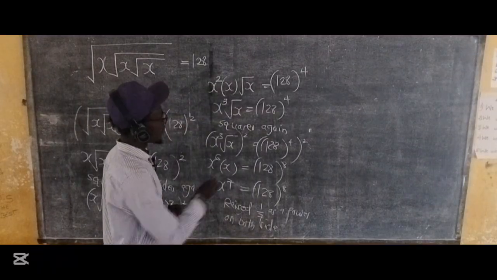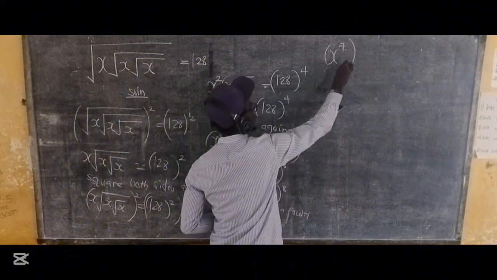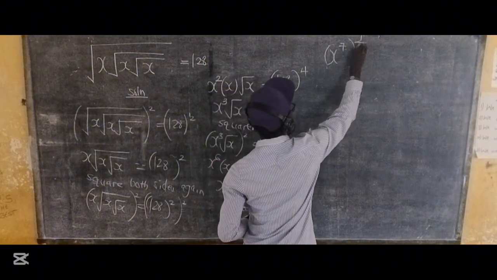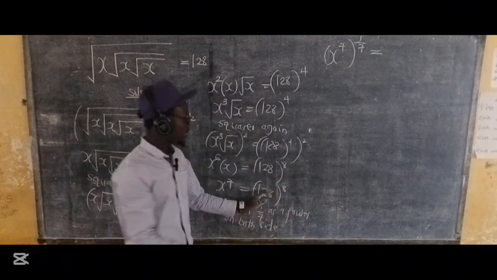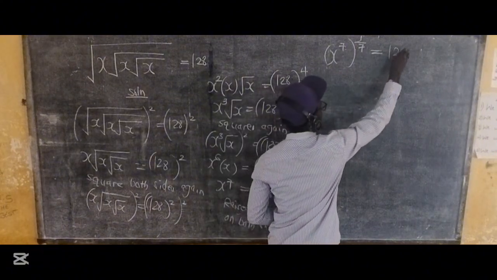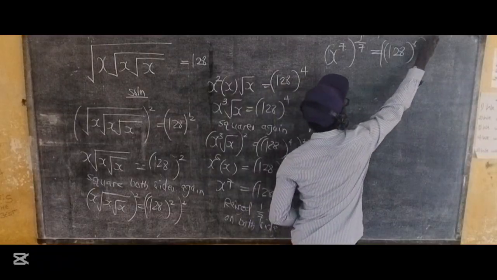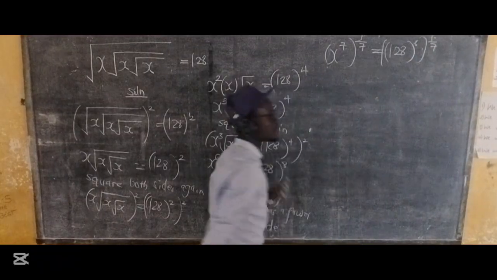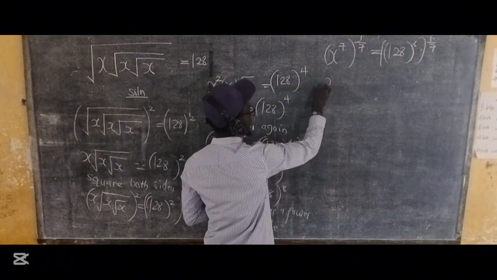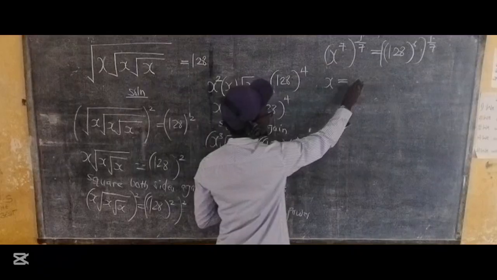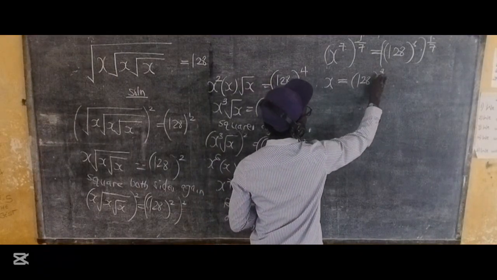Meaning we have x raised to the power 7, now raised to the power of 1 upon 7, and this equals 128 raised to the power 8, also raised to 1 upon 7. Now from this point, we know this 7 cancels this 7. Now it remains x equals 128 raised to the power 8 upon 7.